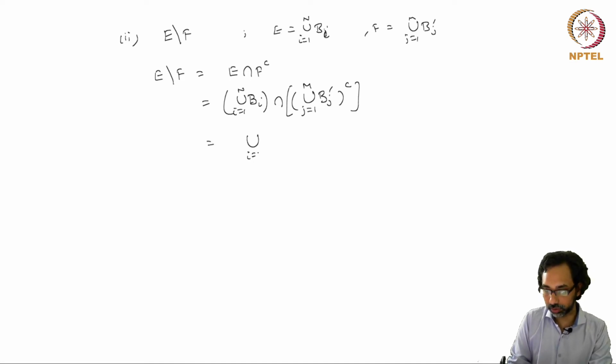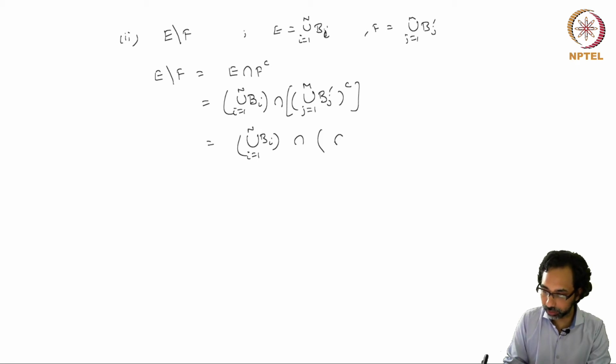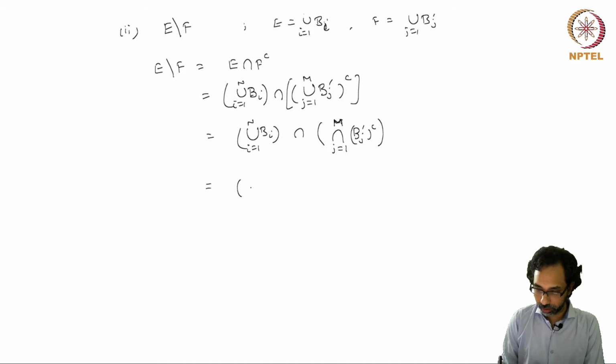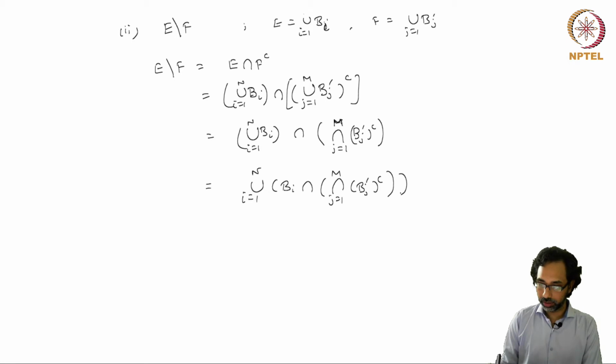So now you can use De Morgan's law. So you will get here the intersection over j equal to 1 to m of Bj prime complement. So we have the union over i equal to 1 to n of Bi intersection with this intersection of Bj prime complements. So we have the union over these kinds of sets.